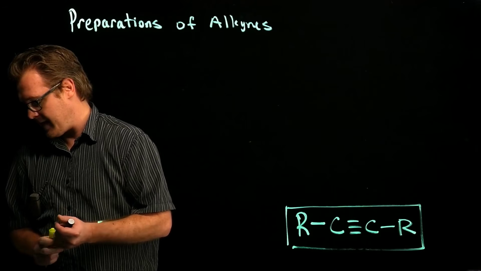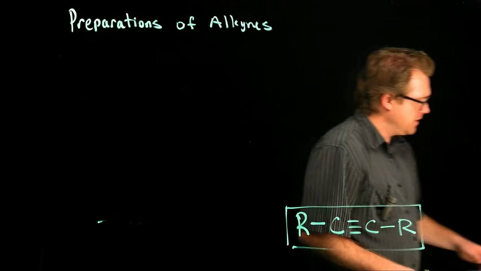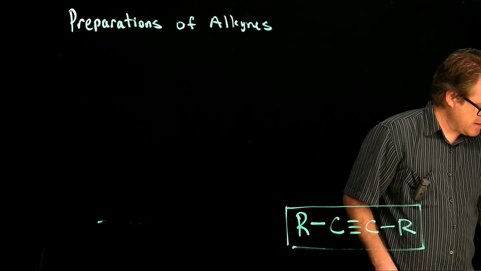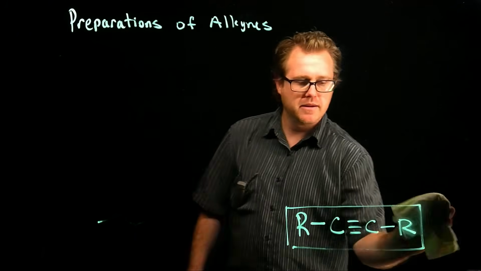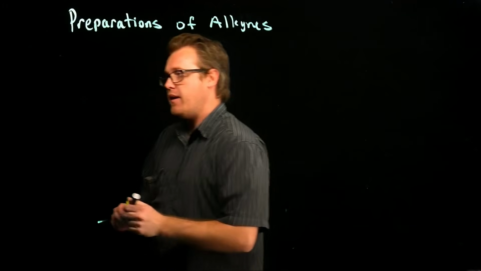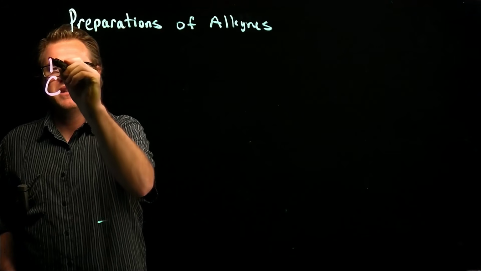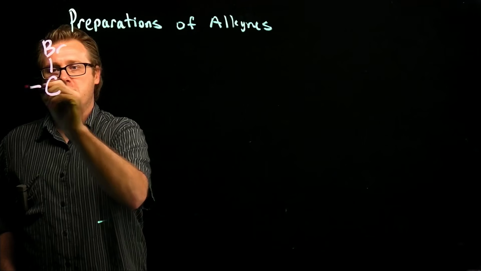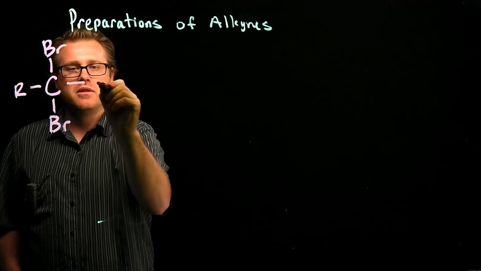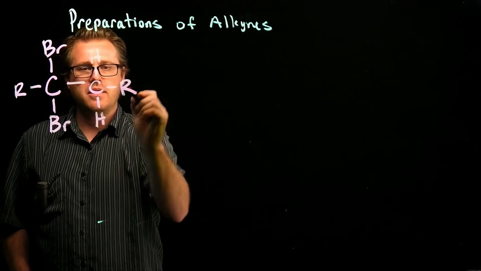Let me make a distinction here. Okay, let's write this out here. So if you have a dialkyl halide, vicinal or geminal, let's draw our geminal one. Okay, like that.